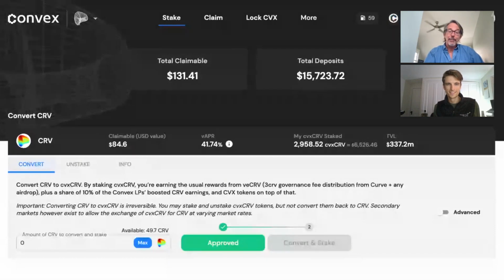But with bribes, now those protocols say, I'll use Frax because that's my favorite one. Frax has a liquidity pool of Frax and, say, USDC on Curve. Frax is one of these protocol-owned liquidity stablecoins, so if they get a percentage of those Curve tokens, they own the pool and get all of them.